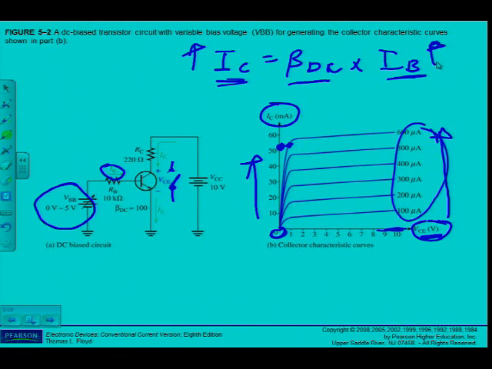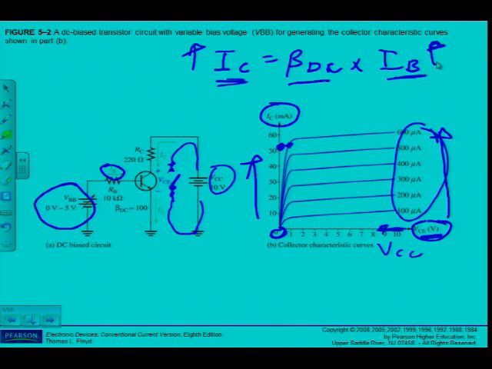For IC equal to 0, what should the value of VCE be equal to? What am I actually measuring if I measure here over emitter and collector? I'm actually measuring VCC. So it should be equal to VCC, whatever the value may be.